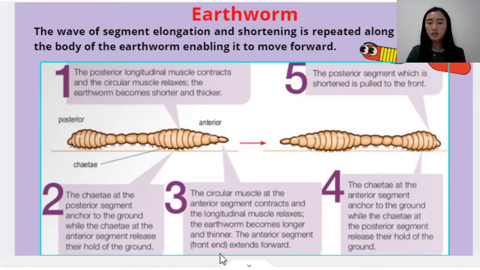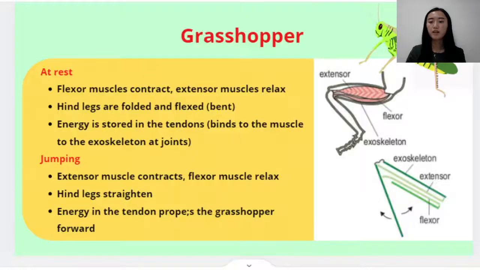And the anterior segment, which is the front part, will extend forward. The chaetae of the anterior segment anchor to the ground, while the chaetae at the posterior segment release their hold of the ground. And lastly, the posterior segment, which is shortened, is pulled to the front, and this is the mechanism of locomotion of the earthworm.